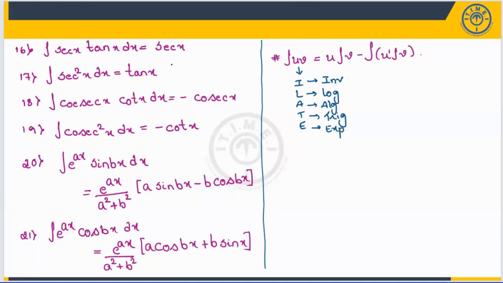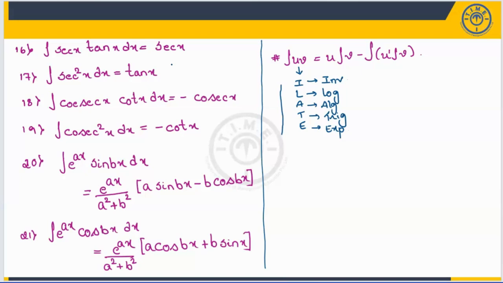Now, even yesterday we have discussed about this. What we have discussed in yesterday's class, we were talking about the indeterminate form. When we were discussing about indeterminate form, what we have seen? From the bottom, whichever comes first, we have to take it down.